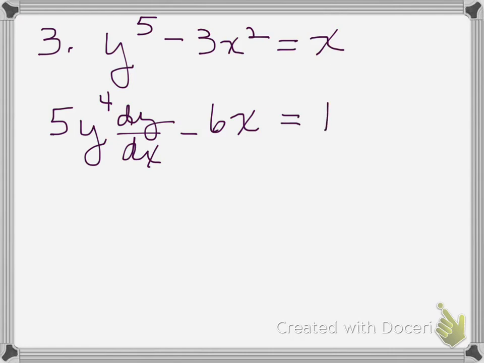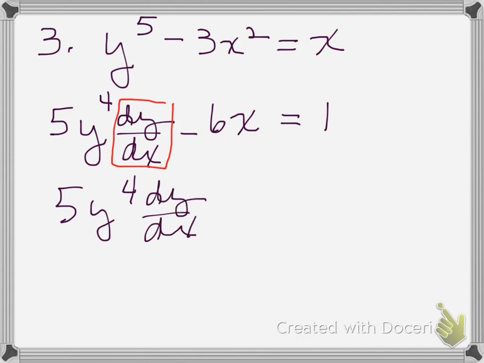Again, I see that I only have one dy/dx to worry about. So I'm first going to add my 6x to each side. So if I do that, I have 5y to the 4th dy/dx equals 1 plus 6x.